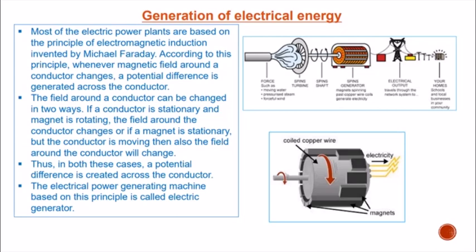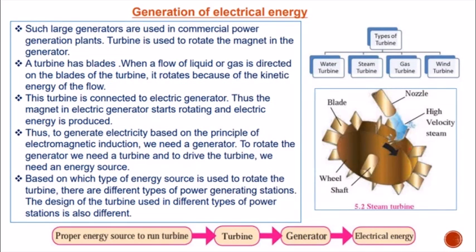We are creating some changes in the conductor and the magnet. We have to move one thing so that the potential difference is created. We can either move the conductor or we can move the magnet. In this way, a large amount of current can be generated, and in most power generation plants, electromagnetic induction is used. Now one question is how we will move that magnet or that conductor.